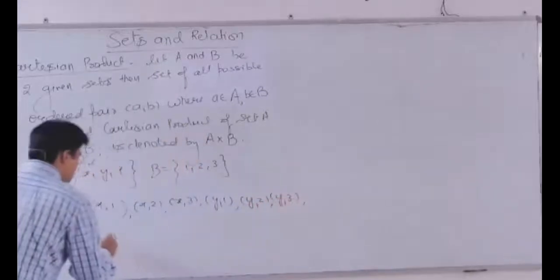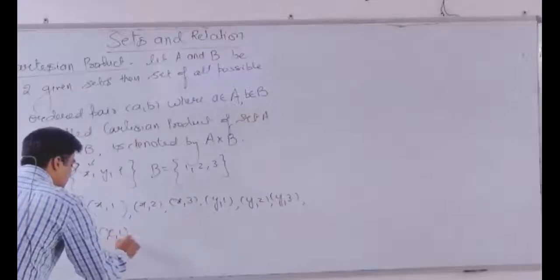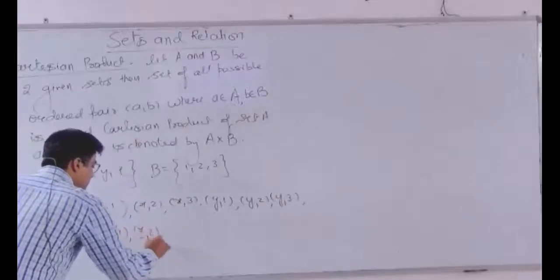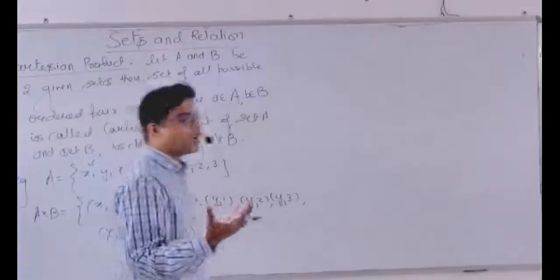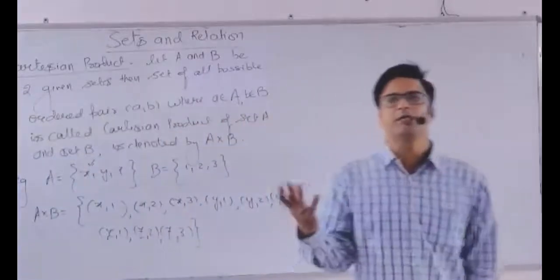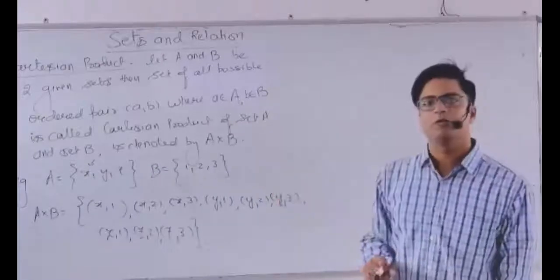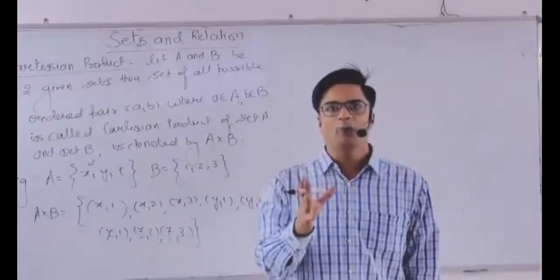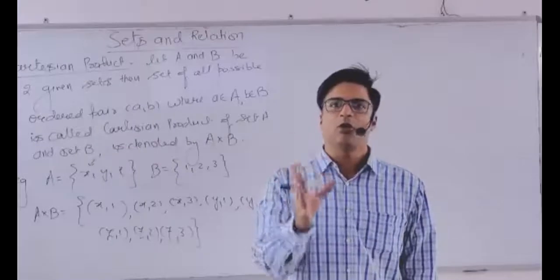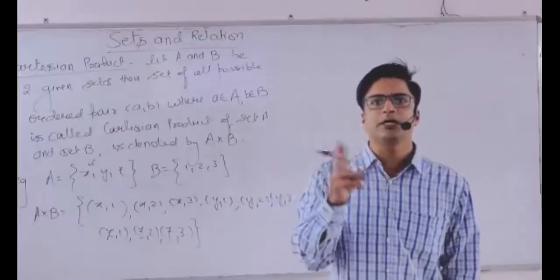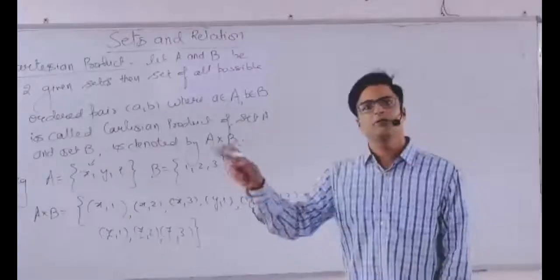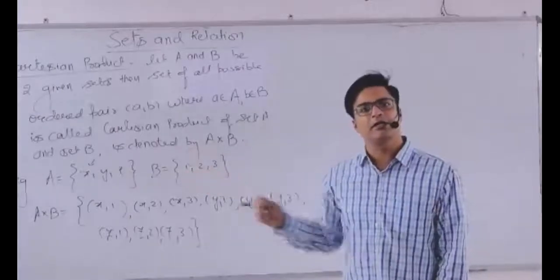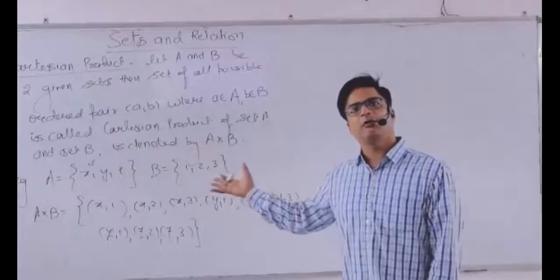Similarly (z, 1), (z, 2), (z, 3). So the Cartesian product A cross B contains all possible ordered pairs (a, b). That means for the first entry you take all the elements of set A, and for the second you take all the elements of set B.